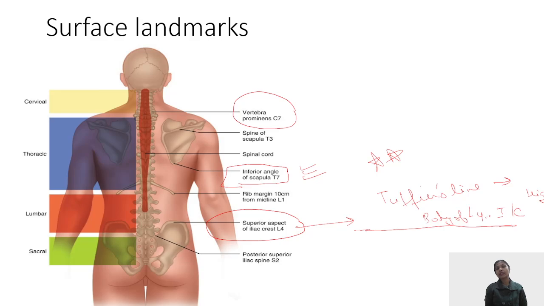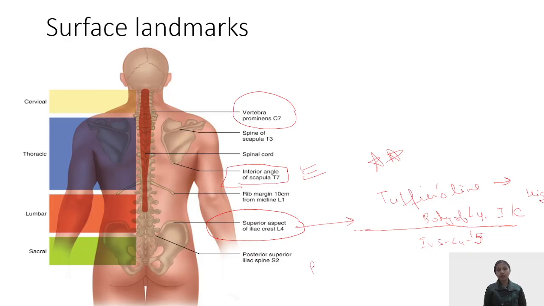This is the surface landmark that helps us find the place where we have to insert our needle. Body of L4, or if it is an intervertebral space, it will be the L4, L5 intervertebral space through the Tuffier's line.